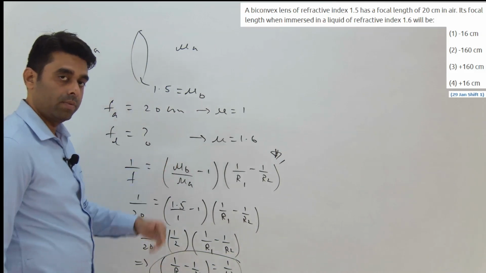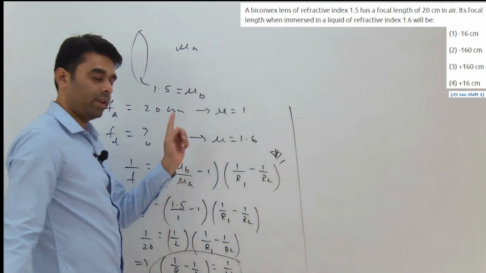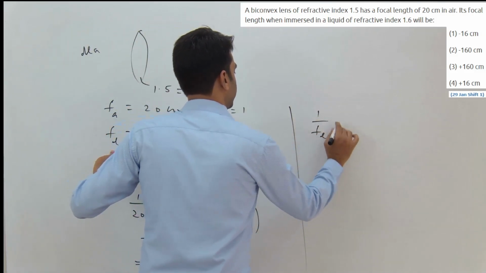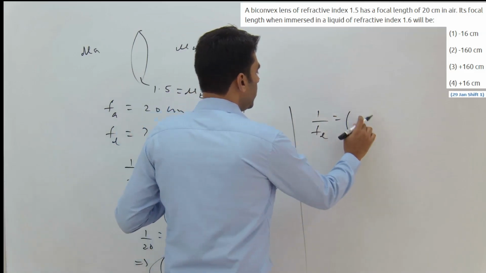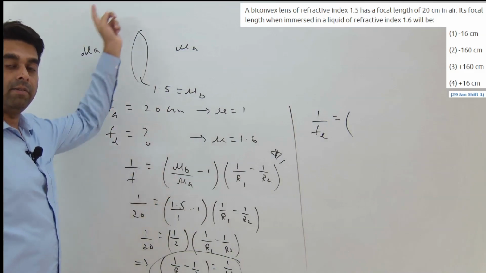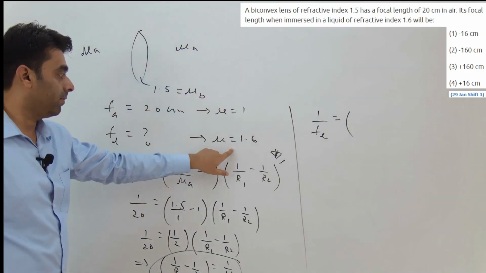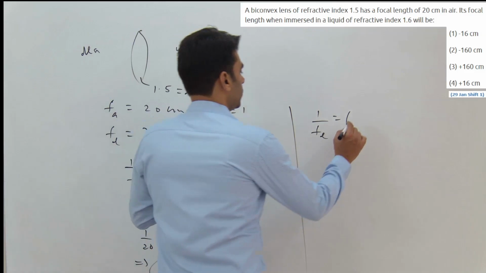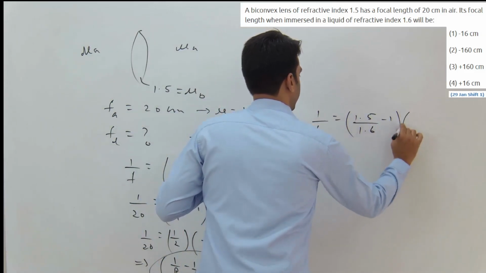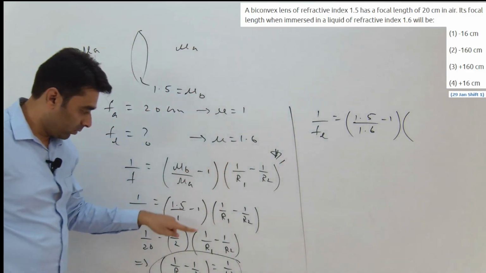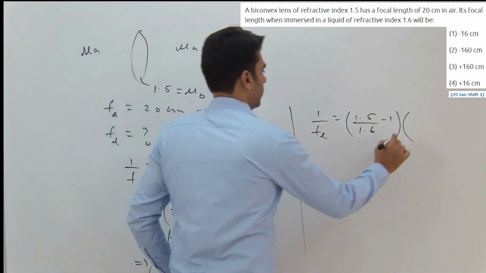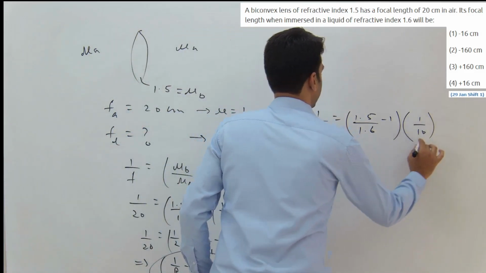Next, let us see. When it is kept in the liquid, 1 by focal length in liquid is equal to mu B by mu A minus 1. Now mu B is 1.5, and the refractive index of the surrounding liquid is 1.6. So we get 1.5 by 1.6 minus 1, into 1 by R1 minus 1 by R2, which we have already calculated from the earlier situation as 1 by 10.